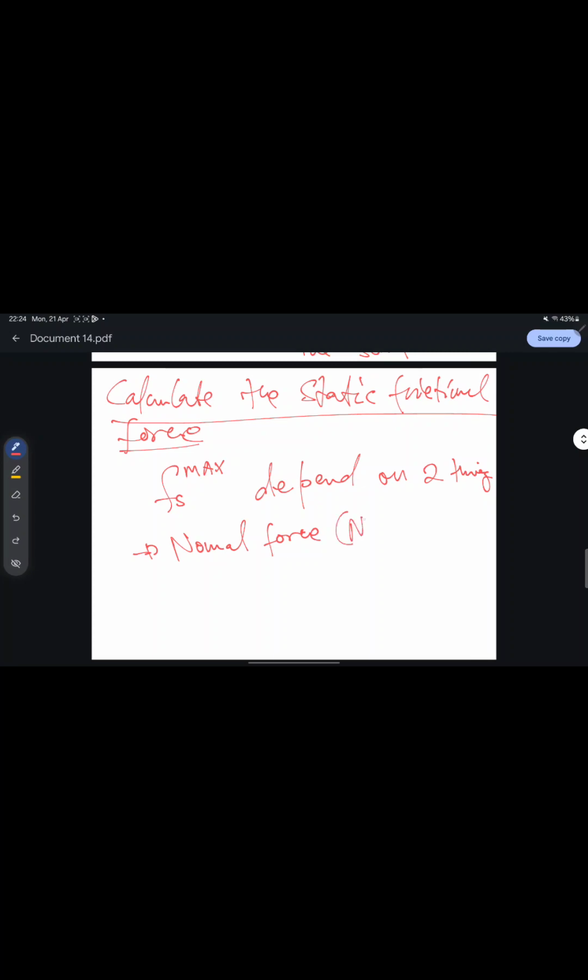We say it's denoted with capital letter N. It is the normal force that the plane exerts on an object. The greater the weight of an object, the greater the normal force, which means the harder the surfaces press against each other.